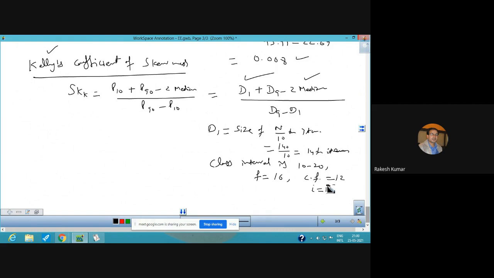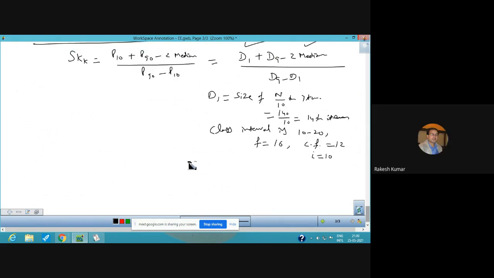Let us use the formula for the first decile, that is L plus n by 10 minus the preceding cumulative frequency 12, divided by the frequency 16, into i, which is 10. So that is 10 plus 14 minus 12 upon 16 into 10.